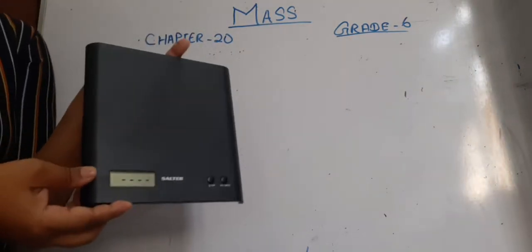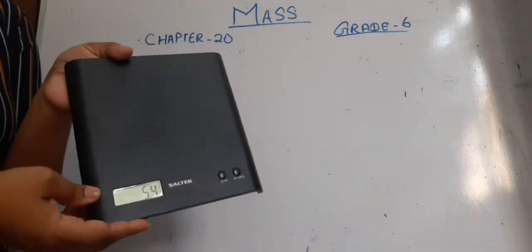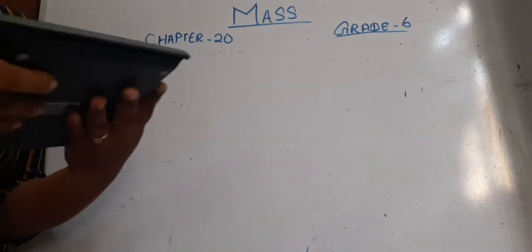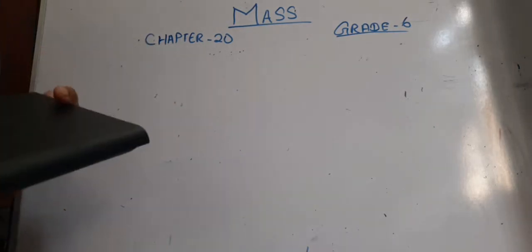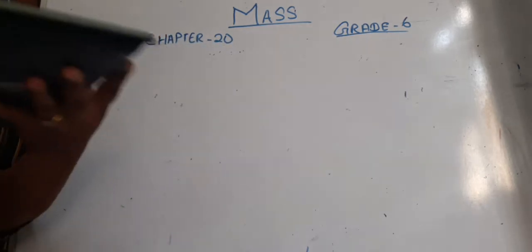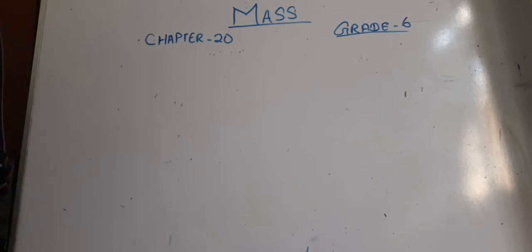You might have seen this in your mother's kitchen. She might be using it to weigh the mass of the ingredients. To make a cake, we definitely need this thing, right? To measure the ingredients for the cake.